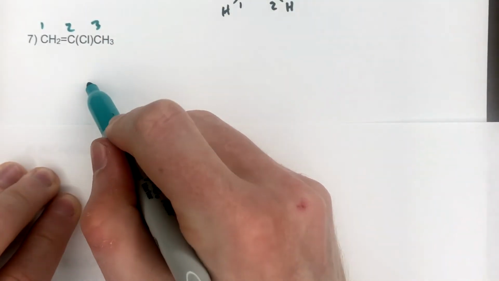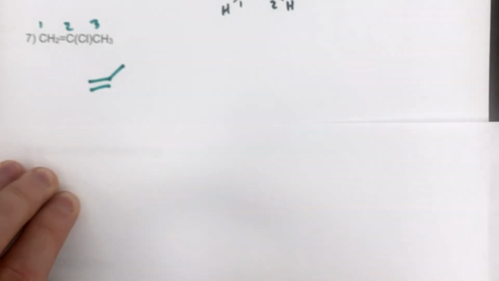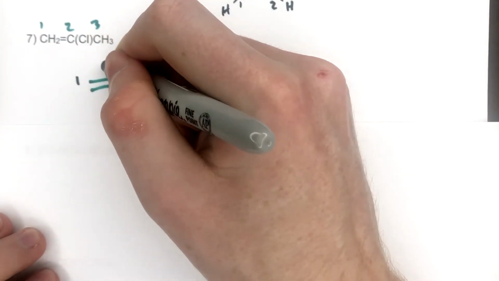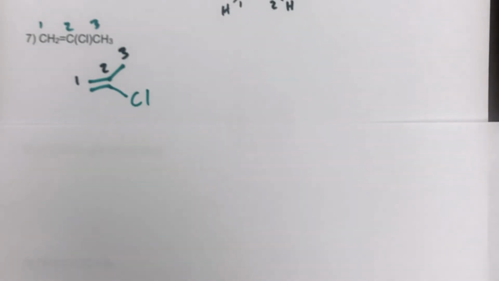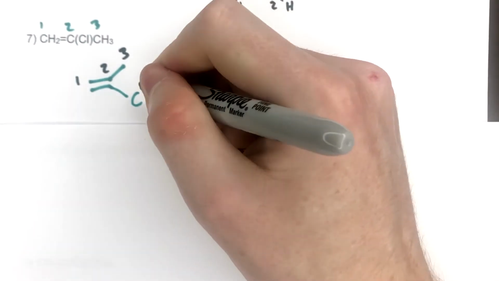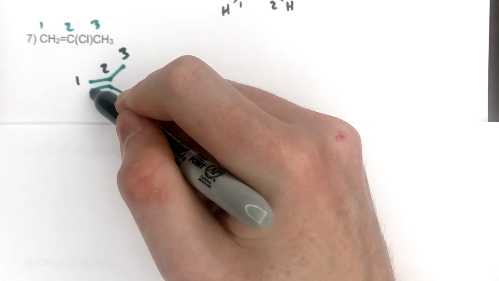So 1 is a double bond, 2 is here, and then we have a methyl group. That's 3. And then there is a chlorine at carbon number 2 as well. That is here. And then, of course, we have lone pairs at the chlorine to give it no charge. And then there's those 2 hydrogens at carbon number 1.